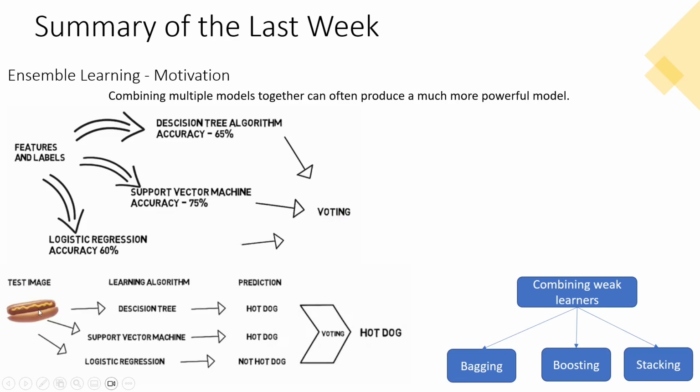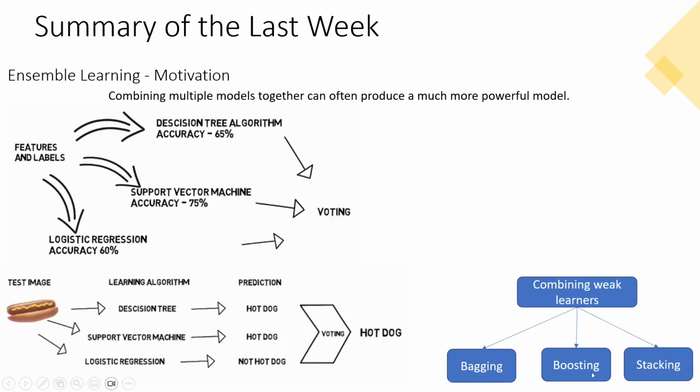So the idea is, if you combine a lot of weak learners, so these are weak learners because their prediction accuracy is not super great, right? But if you combine many of them together, and if you combine somehow their decisions, then we can have a better predictor. Okay, so the basic idea is combining weak learners. And we have seen basically there are 3 methods.